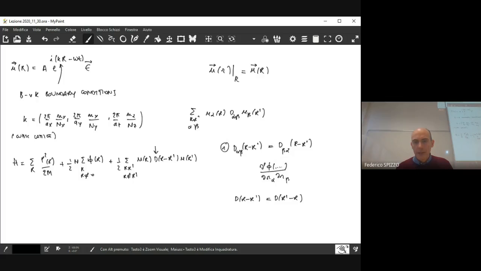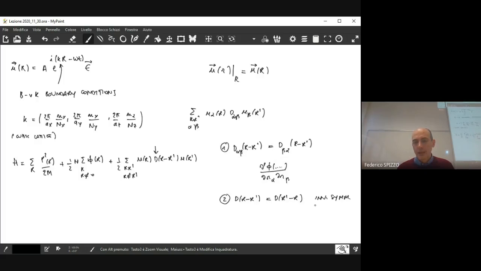Then we have the symmetry, then we have that if we change the sign of the variable, let's say of the vector that is included in the definition of the matrix, then the matrix is always the same. And this property is due to the inversion symmetry of the Bravais lattice.